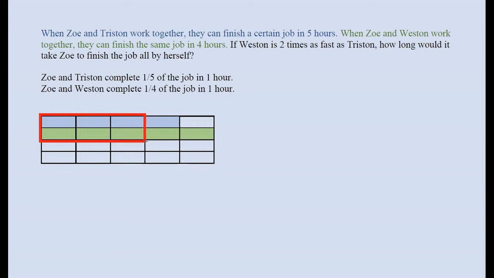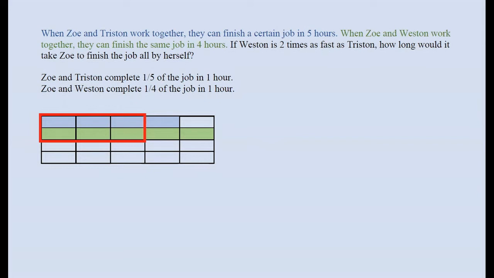If Zoe does 3 cells, then Triston does 1 cell in 1 hour, and Weston does 2 cells in 1 hour. In that scenario, Weston is 2 times as fast as Triston. So it makes sense to conclude that Zoe can complete 3 cells in 1 hour.